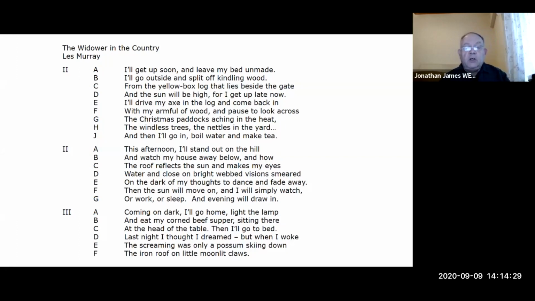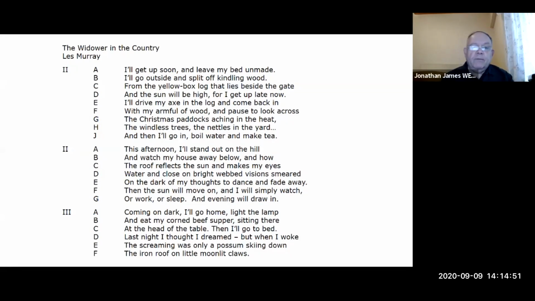Coming on dark, I'll go home, light the lamp, eat my corned beef supper sitting there at the head of the table. Then I'll go to bed. Last night I thought I dreamed. But when I woke, the screaming was only a possum skiing down the iron roof on little moonlit claws.